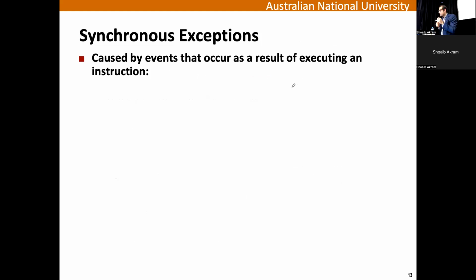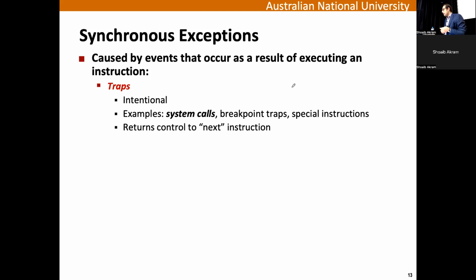Now, there are synchronous exceptions that are caused by events that occur as a result of executing an instruction. You actually execute an instruction to generate an exception, okay? Examples are traps.